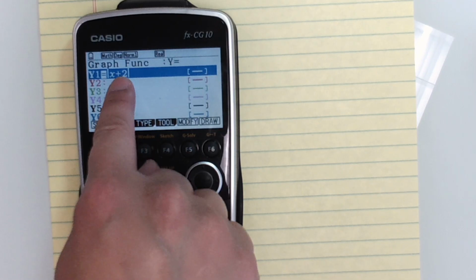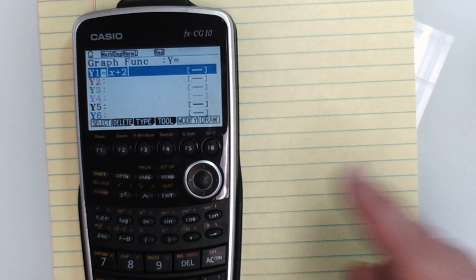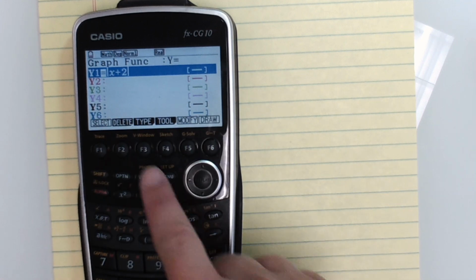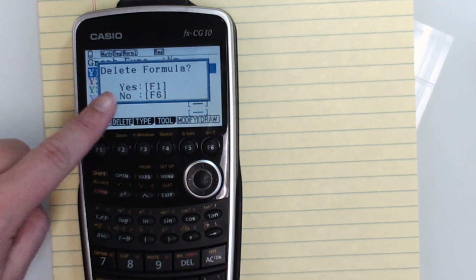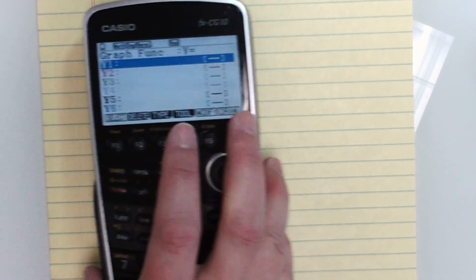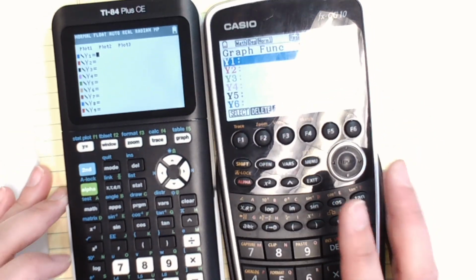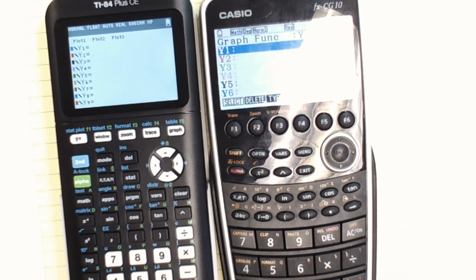Now I've got an equation in mind. I don't want that equation. It's got to go away. So I'm going to click delete. Do you want to delete it? Yes. On the TIs, I just clear anything that's in there. Okay. I want to put in x minus 4.